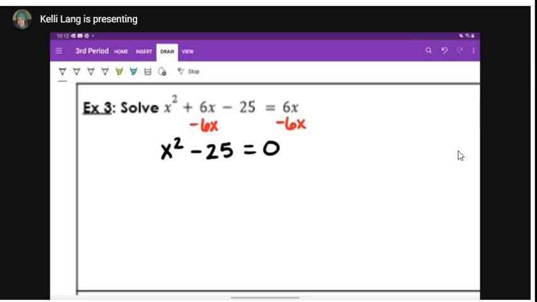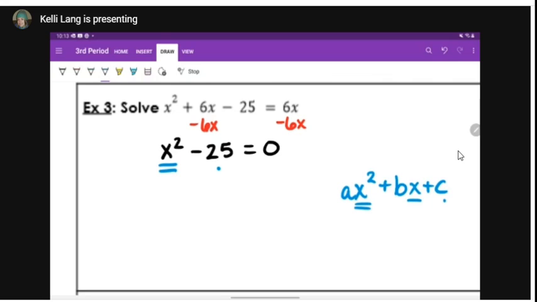So I'm going to write this in scratch and then I'm going to erase it. Remember your standard form, ax squared plus bx plus c. This is why I said at the start of class, you're going to need to have this form committed to memory because we'll be thinking about it a lot. Standard form starts with an x squared, and then it has an x, and then it has a constant. That c at the end is just a number. Looking at our equation, we have an x squared, and we have a constant.